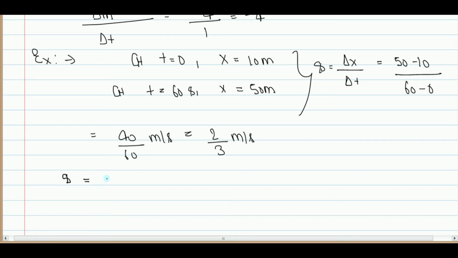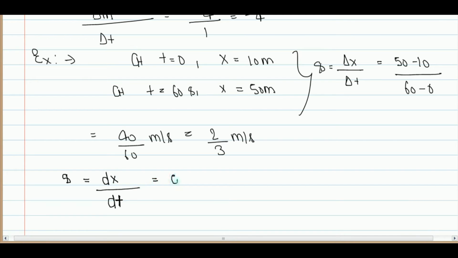What if I am talking about a very small interval of time, let's say dt represents a very small interval of time. In this dt time, it has traveled dx distance, then the speed will be dx by dt.